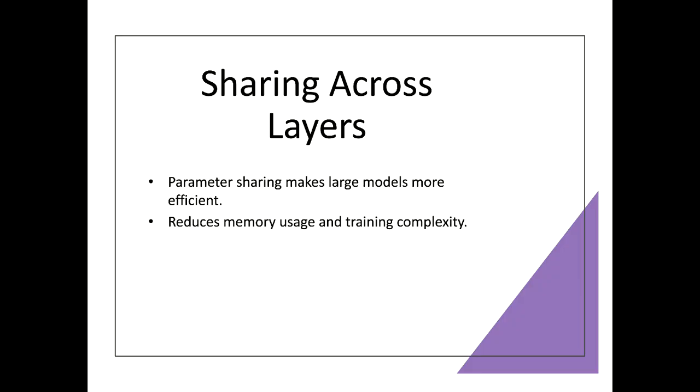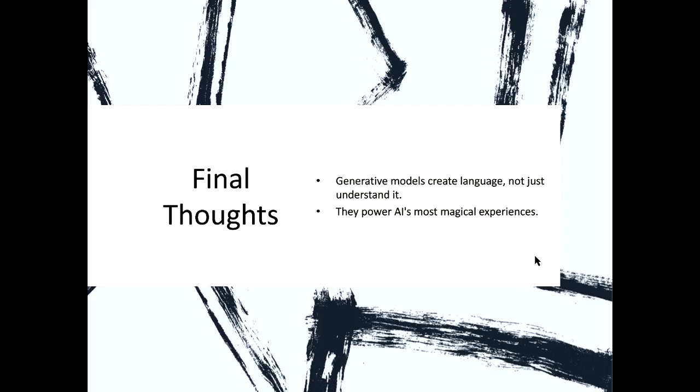The important things are chunking, memory caching the previous content and sharing the model across layers. So parameter sharing makes large models more efficient, reducing memory usage and training complexity.